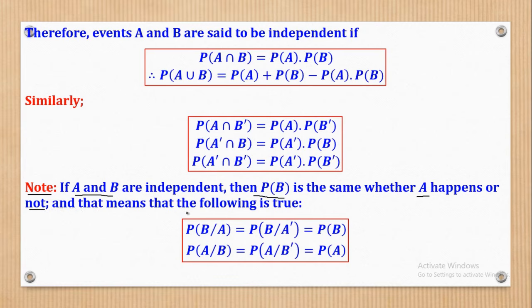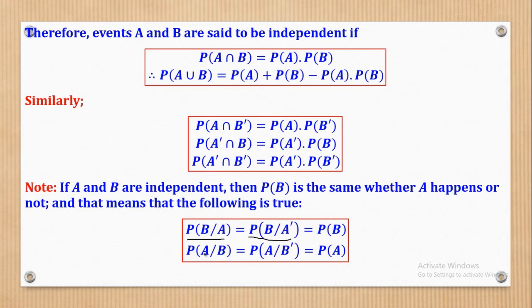So what does that mean? It means that when we come to our conditional probability, remember this was the probability of B given A has occurred, and this is the probability of B given A has not occurred. Now when it comes to independent events, whether A has occurred or has not occurred, the probability of B must remain the same. That is why the probability of B when A has occurred is equal to the probability of B when A has not occurred.